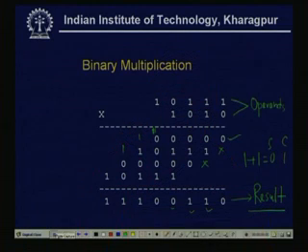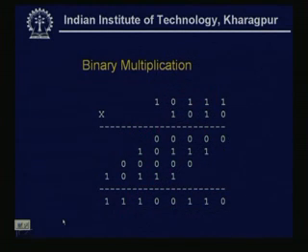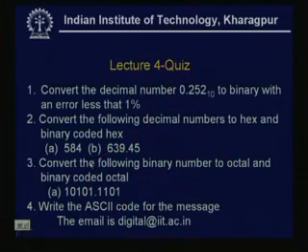Now, we see today's quiz question, that is the lecture 4 quiz. The first thing is to convert the decimal number 0.252 in decimal base to binary with an error less than 1%. Second is to convert the following decimal numbers to hex and binary coded hex.